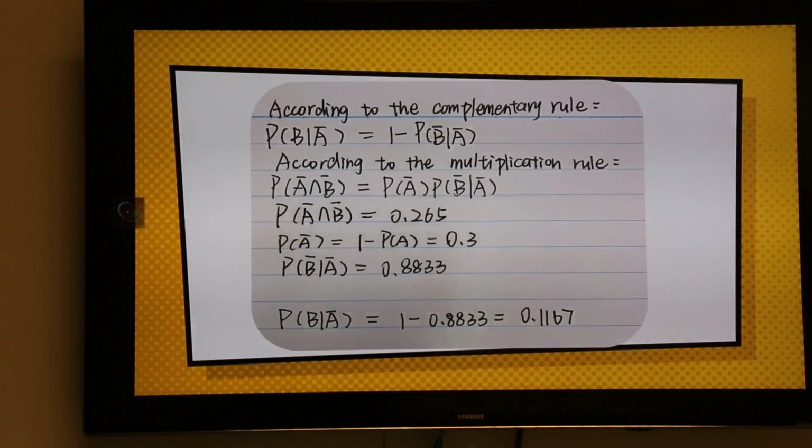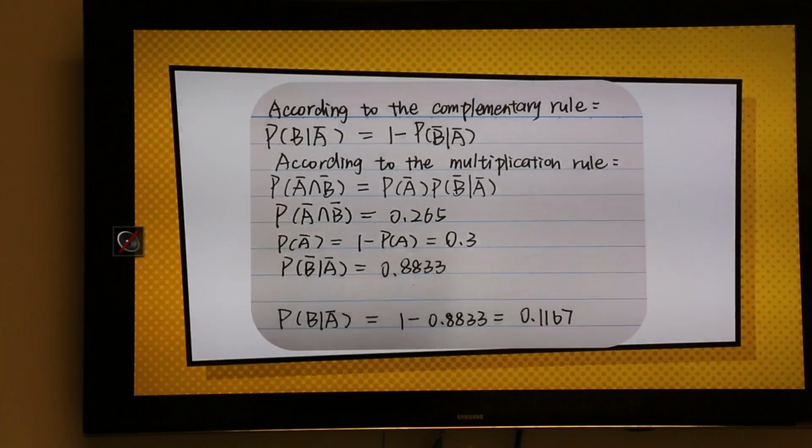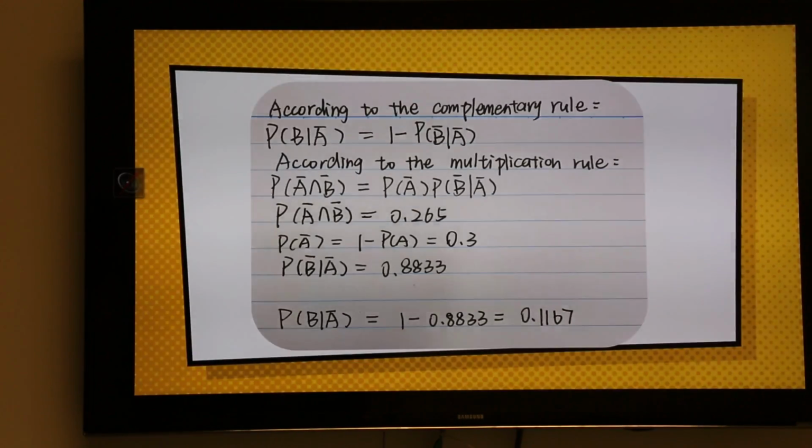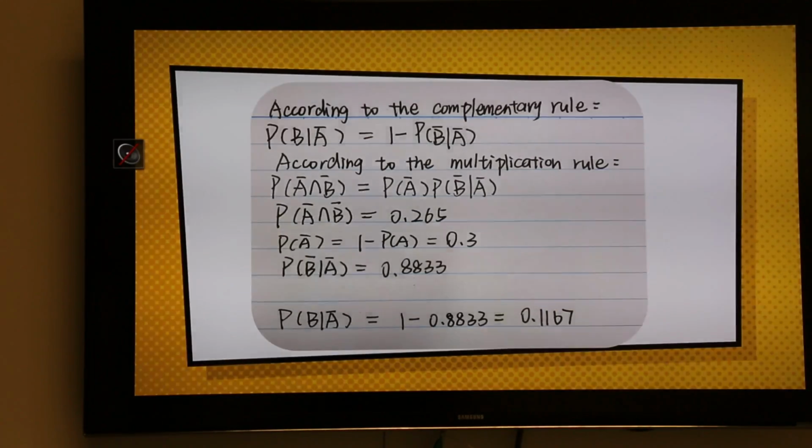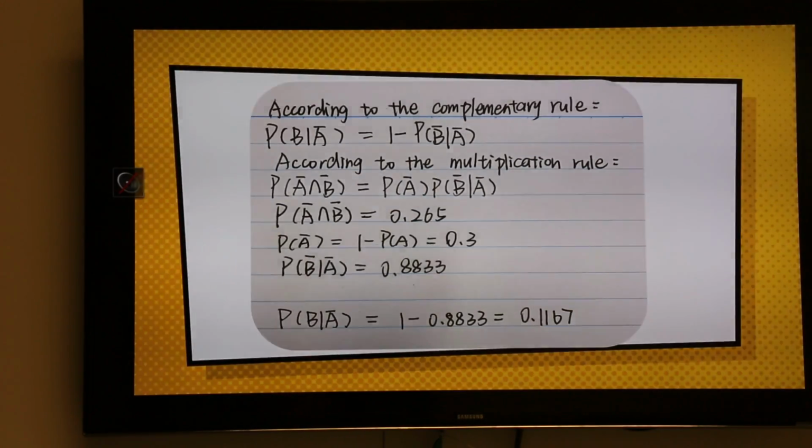We already know that P of A bar and B bar equals 0.265 and P of A bar equals 0.3. So we can calculate that P of B bar given A bar equals 0.8833. And now we can get the answer easily. P of B given A bar equals 1 minus 0.8833, which equals 0.1167.